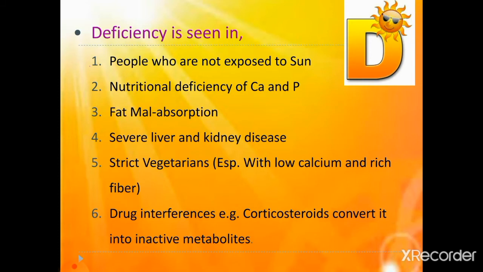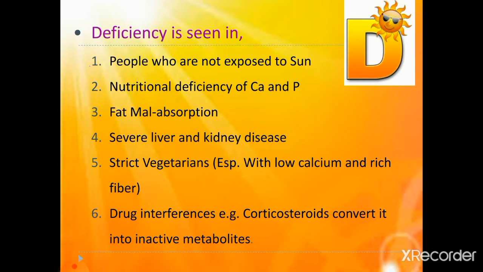Then severe liver and kidney diseases, because the liver and kidney help in the hydroxylation or activation of vitamin D. So if there is any liver or kidney disease, the activation of vitamin D is not occurring, so active vitamin D will not be available for its function. That also can lead to vitamin D deficiency.